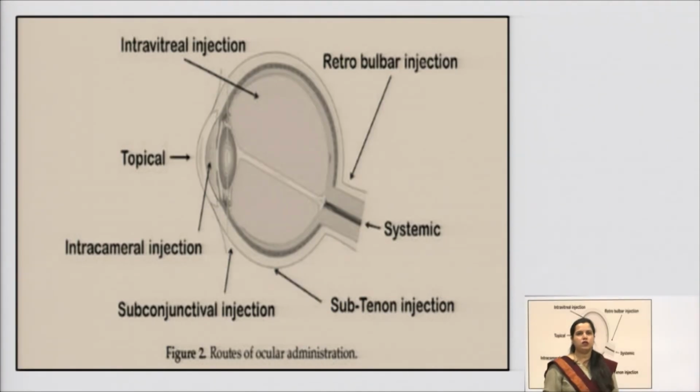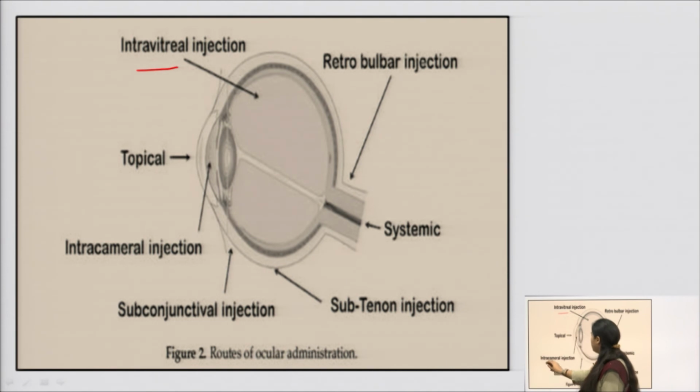So, now we see the different sites of these injections within the eye. You see that this is considered the anterior portion, whereas this is considered the posterior or internal portion of the eye. So, topical preparations can be given.